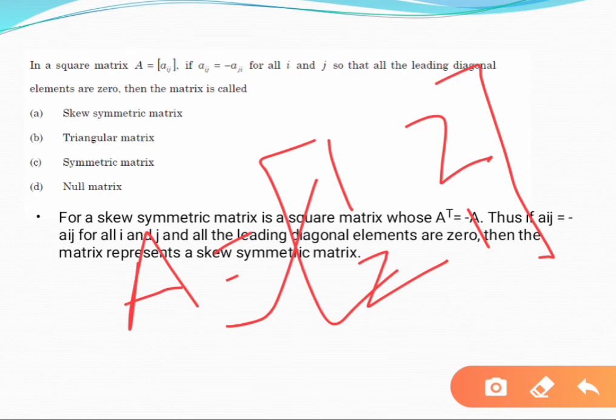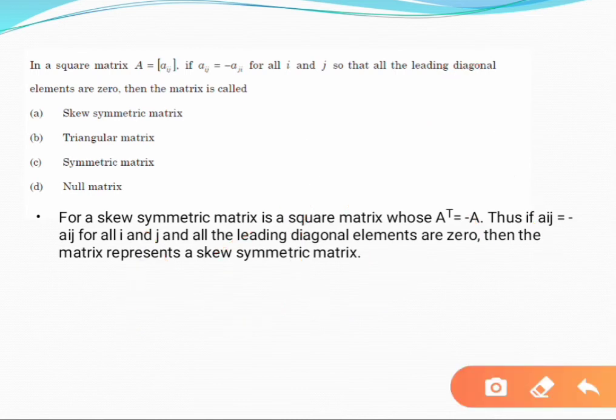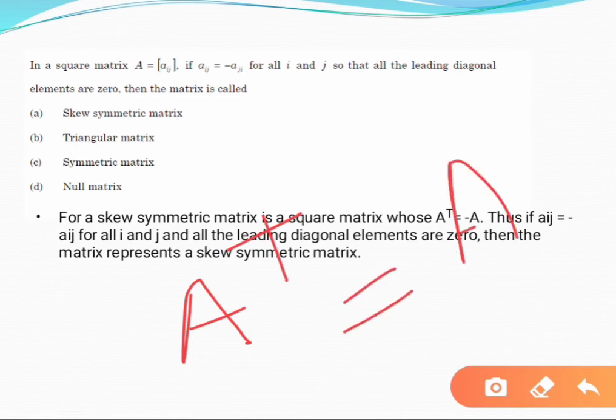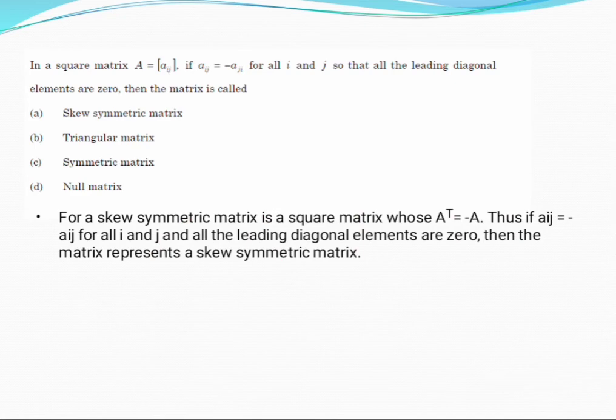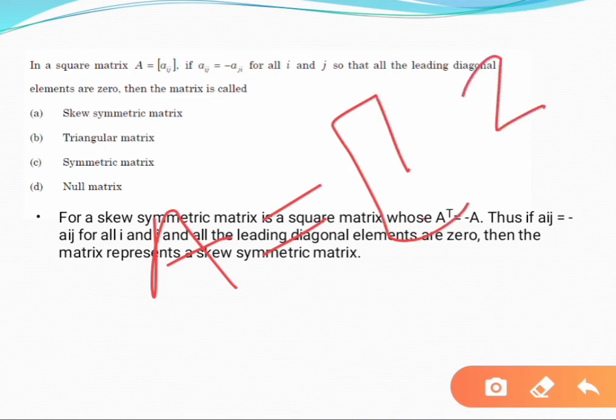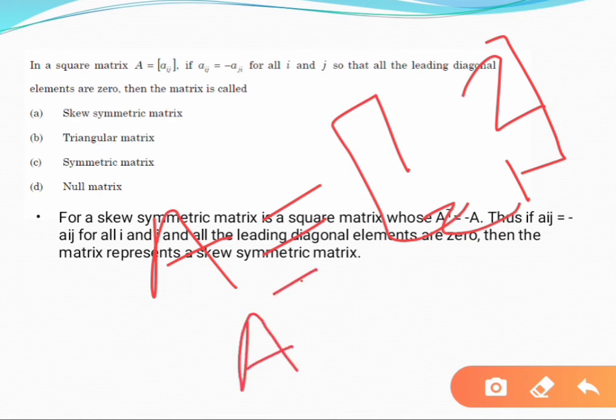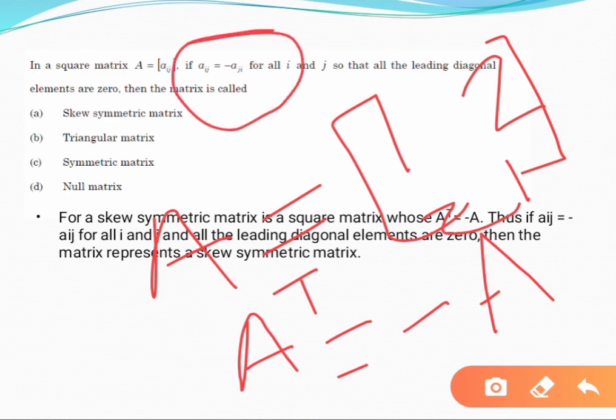It will be a symmetric matrix if A transpose equals A. A transpose is the transpose of that matrix A. Now for a skew symmetric matrix, if I consider A as a square matrix, it will be a skew symmetric matrix if the transpose of that matrix is equal to the negative of that matrix, A transpose equals minus A. So the correct answer here will be skew symmetric matrix.